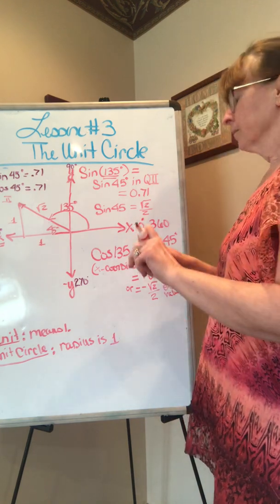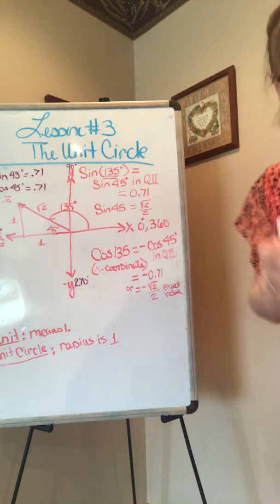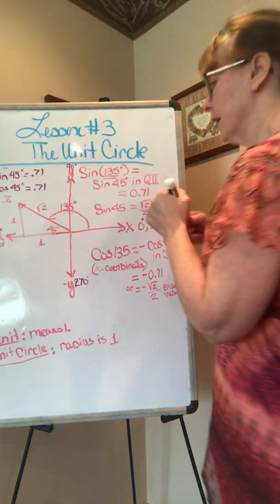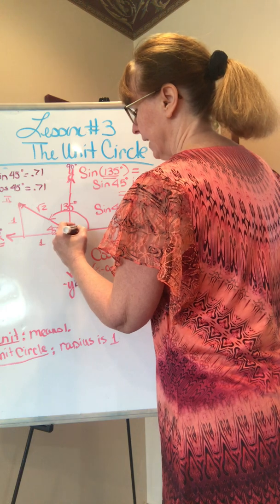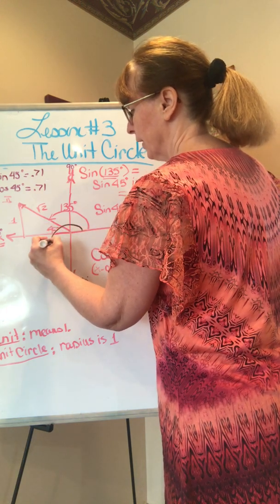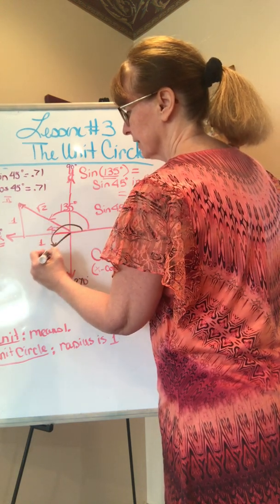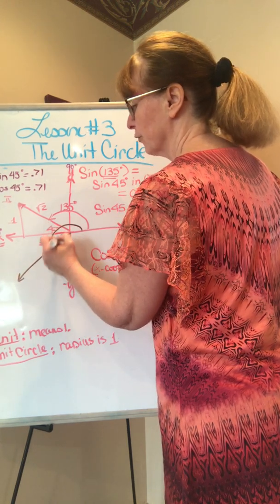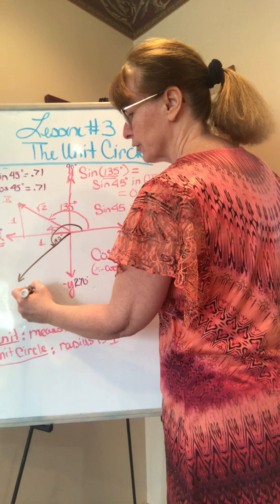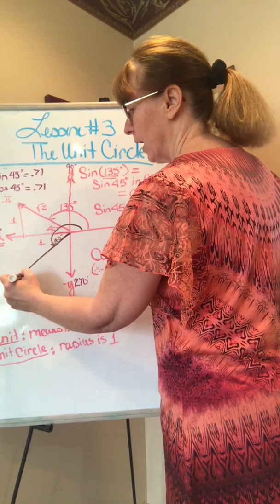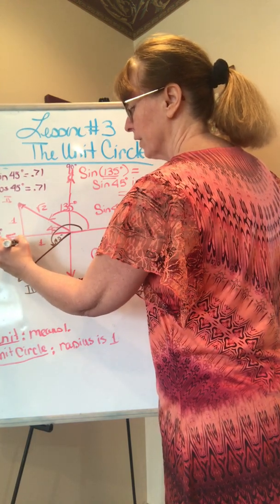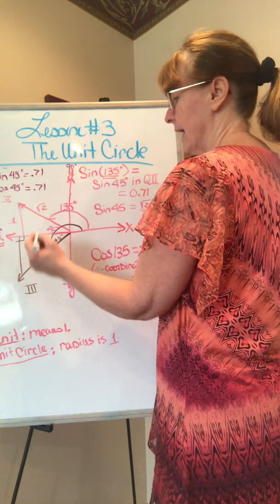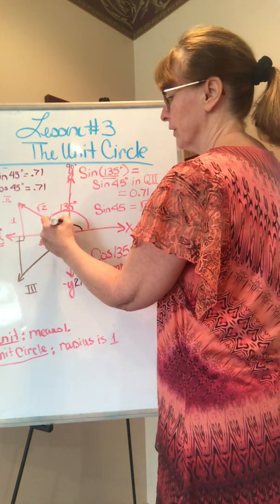And I'm going to use a different color. What if I had an angle that went all the way around like this and gave me a 45-degree reference angle in quadrant 3? If I have a 45-degree reference angle in quadrant 3, that means it came from a big angle, which was 225.